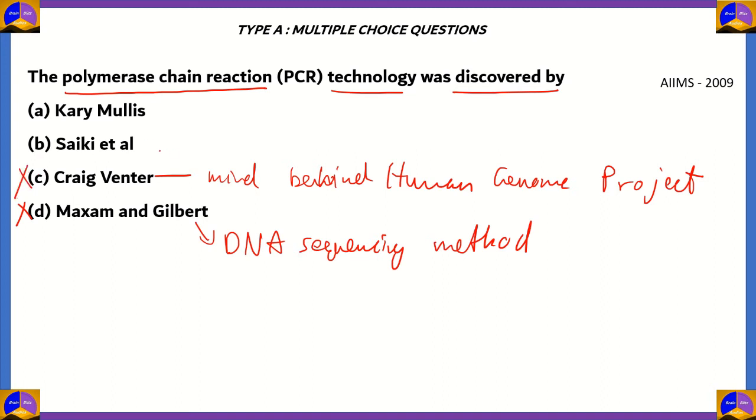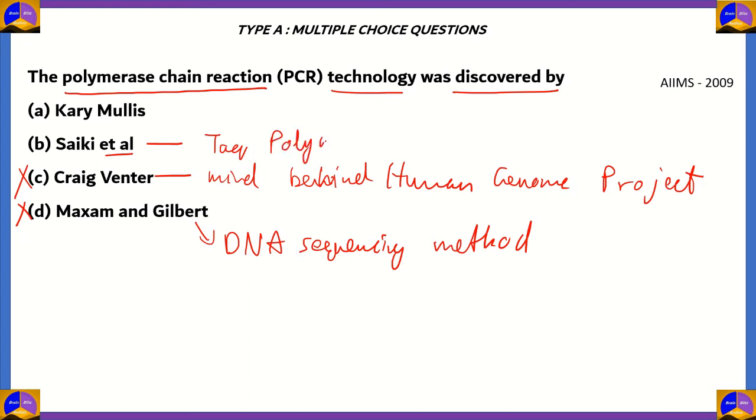If you look at option B, Psyche et al. So et al means and others. So Psyche, it's basically Randy Psyche. So Randy Psyche worked with a group of people, and his contribution is specifically Taq polymerase.